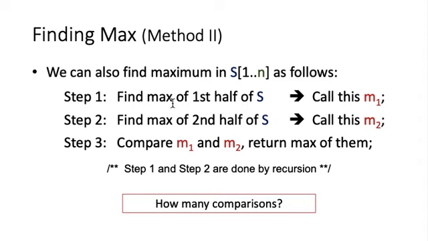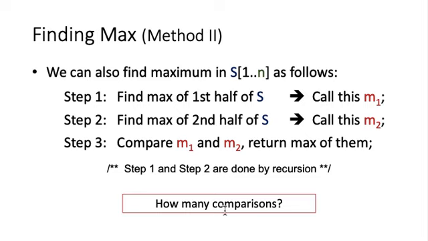We will use recursion to find the maximum of the first half, which we call M1. Similarly, we find the maximum of the second half, and let's call it M2. After we get M1 and M2, we will compare M1 and M2, and whichever is larger should be the maximum of all the n items.